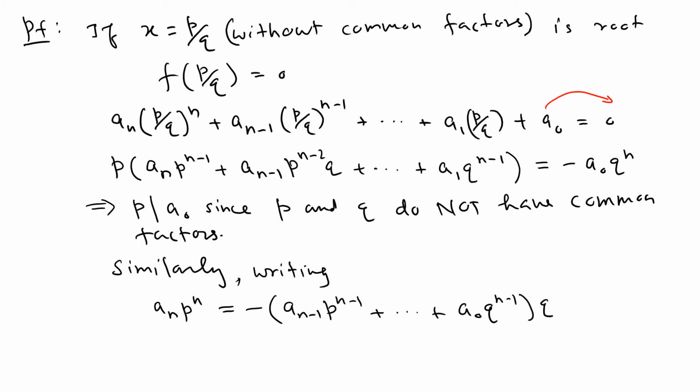We can pull q out. Now you can see the same argument, because p and q are integers, so that's how we can do it.